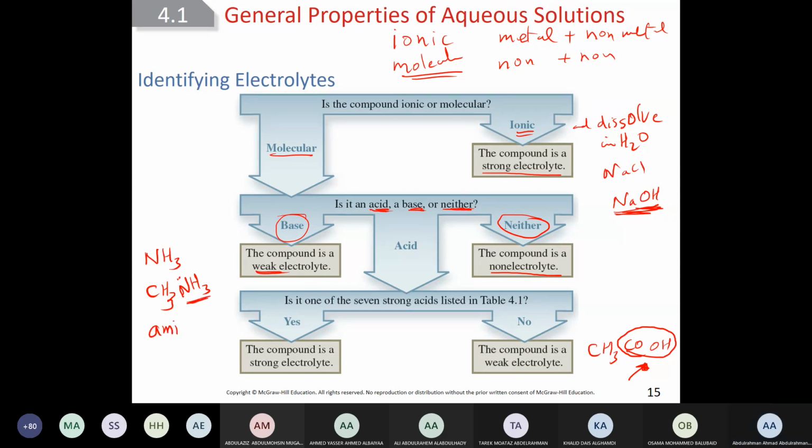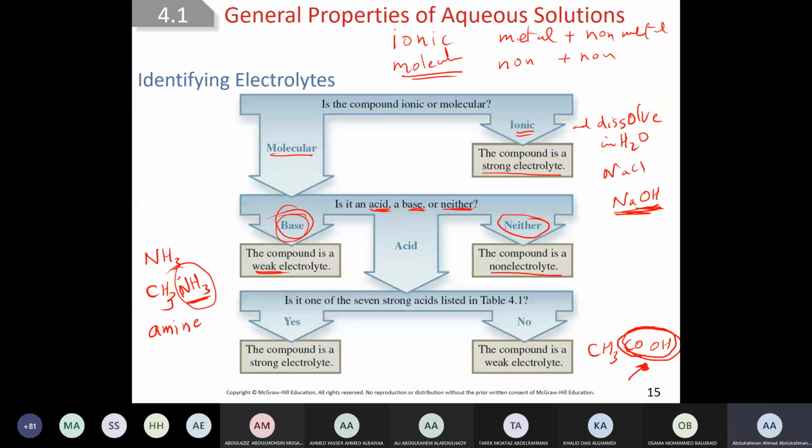The group is called amine. Yes, methylamine, exactly. Methylamines are all weak bases, or anything that contains amine is a weak base. Anything that contains COOH is what? Weak acid.